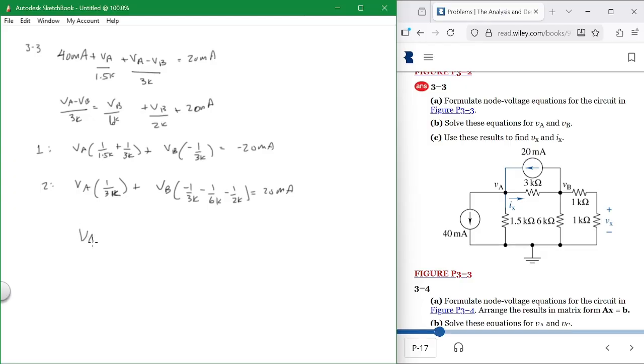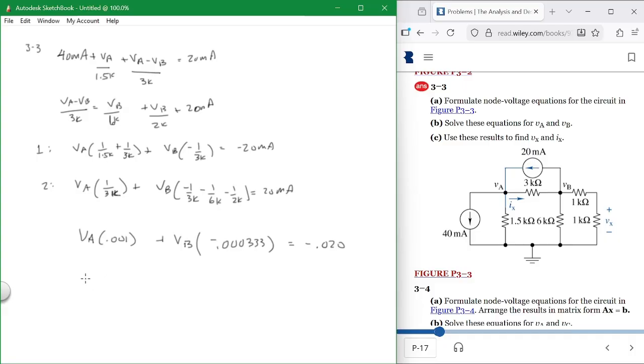So it's VA times 0.001 right there, plus VB times 1 divided by 3,000, or 0.000333, minus 0.000333, is equal to minus 0.020. Eventually we can multiply everything by 1,000 and get rid of all these small numbers, but right now we have to deal with it.